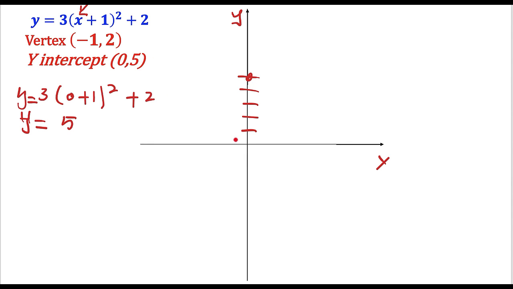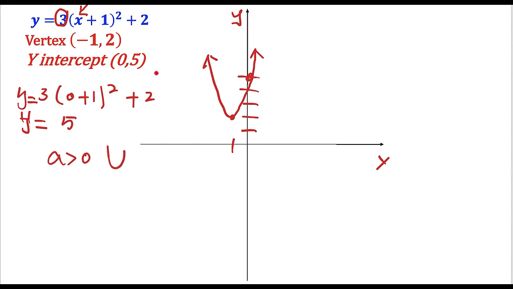So the vertex is (-1, 2). This is the lowest point. Because again, a is 3, so a is bigger than 0. It's facing up. So the graph is facing up, going this way, and then this way. And this 3 is actually a vertical stretch, going by 3 units.